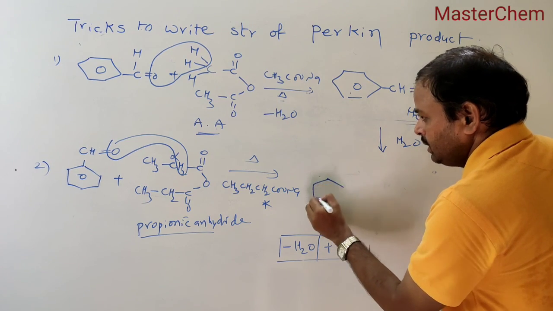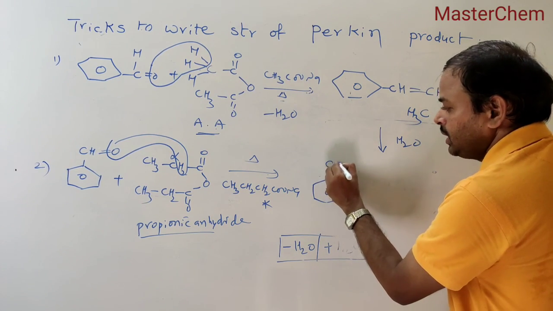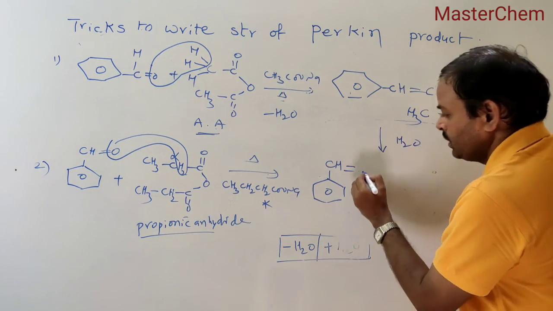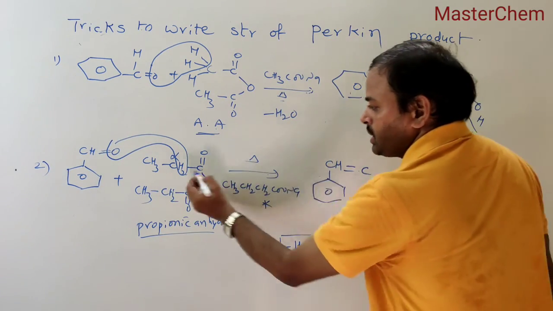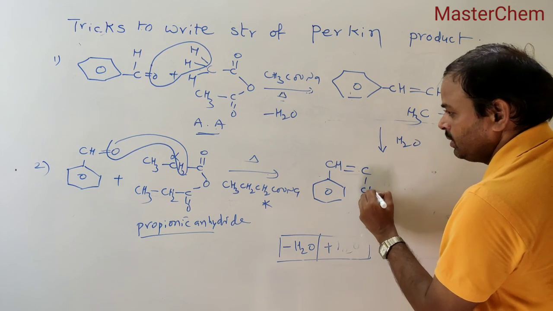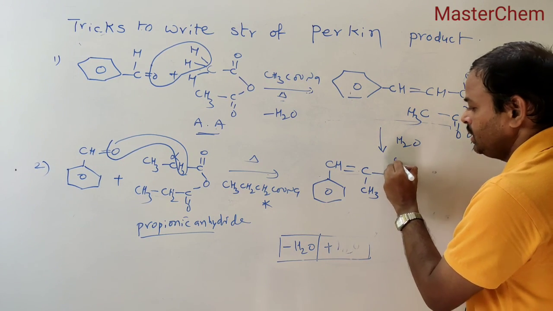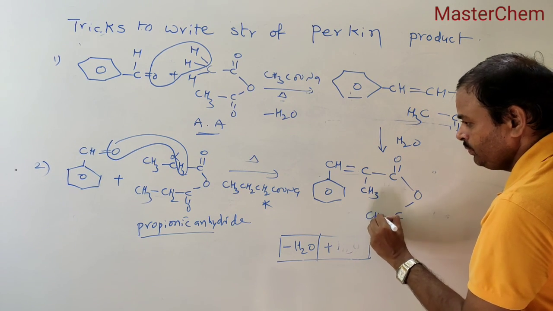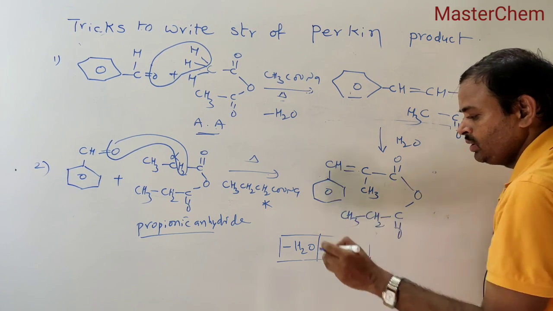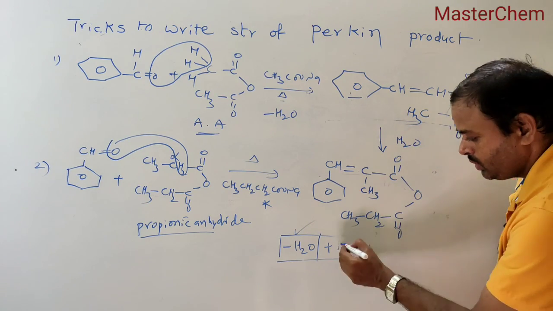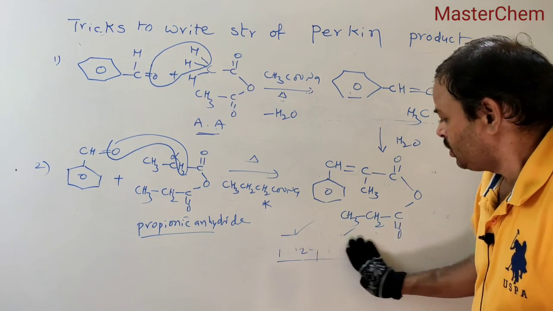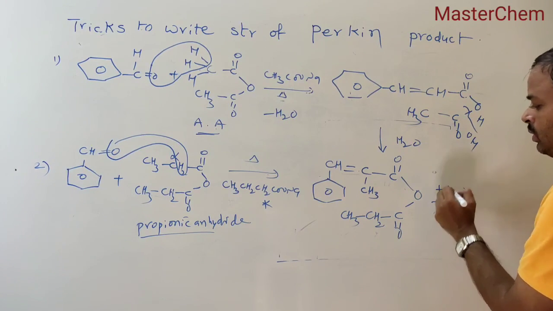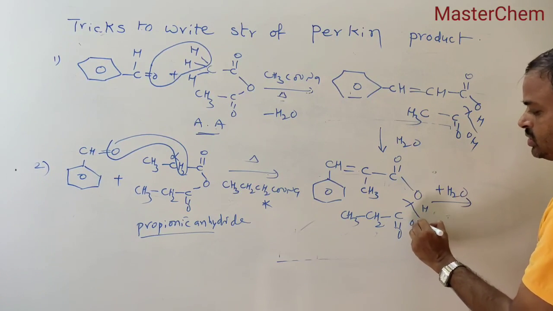What is the resultant product? CH double bond, and with the double bond attach this carbon. This carbon is having one attachment, CH3. Write this CH3, and next C double bond O, O, CO, CH2, CH3. The first part is completed. Now the second part is hydrolysis. Hydrolyze with H2O, HOH.